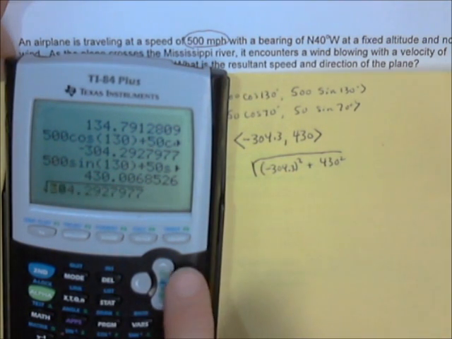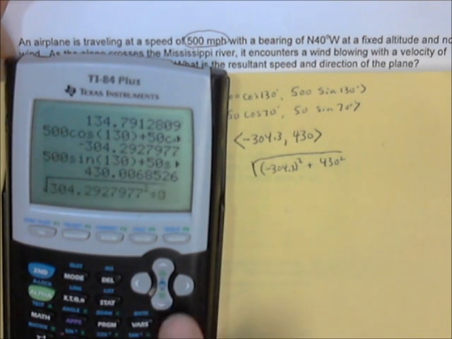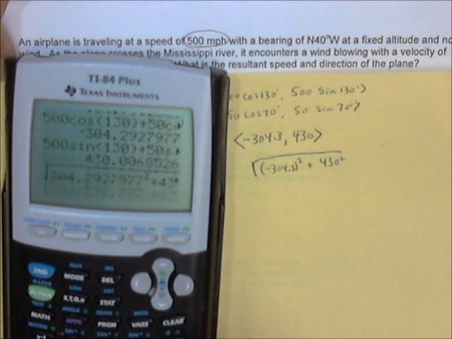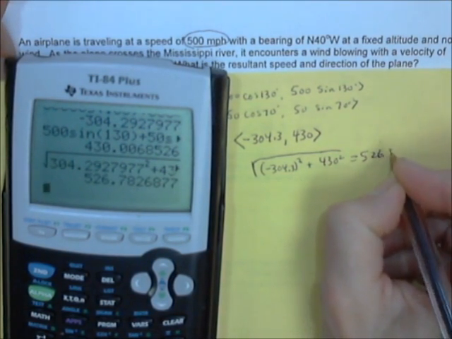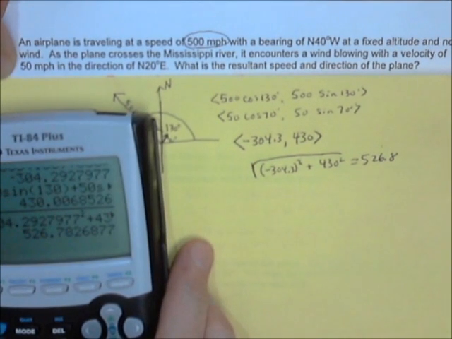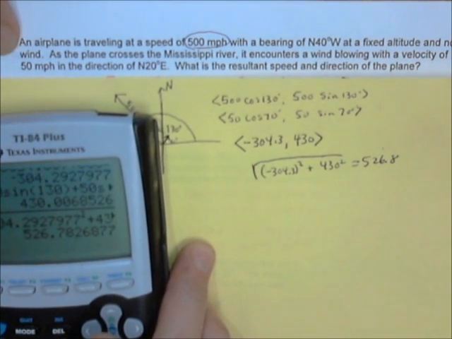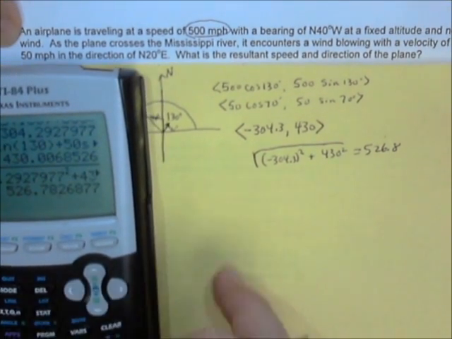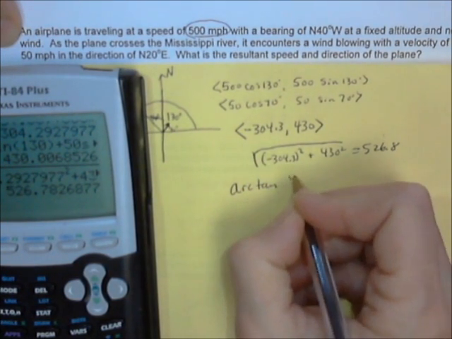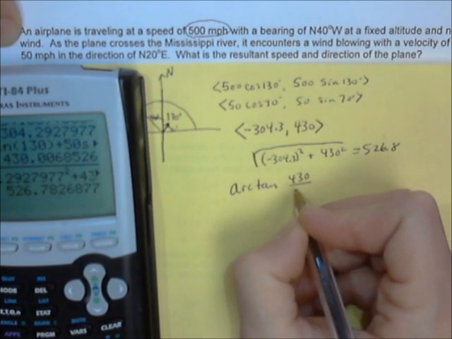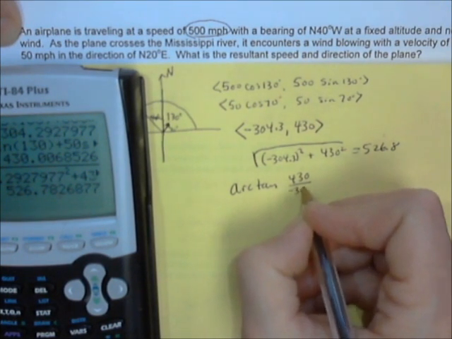Actually, let me just delete that negative and square it, plus the second one squared, and that turns out to be 526.8. So there's the magnitude. That is the resultant speed of the plane, and the direction is the arctan of 430 over negative 304.3.